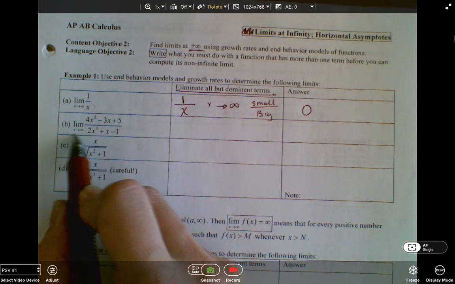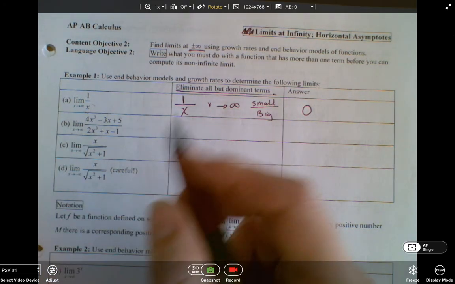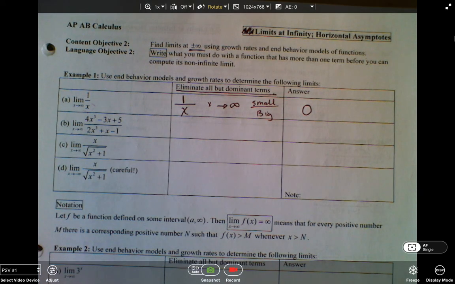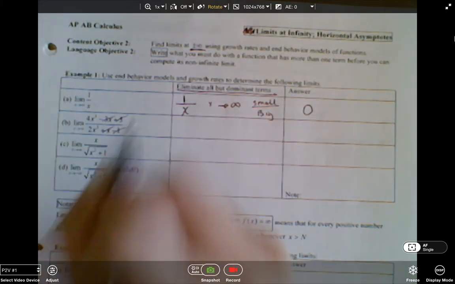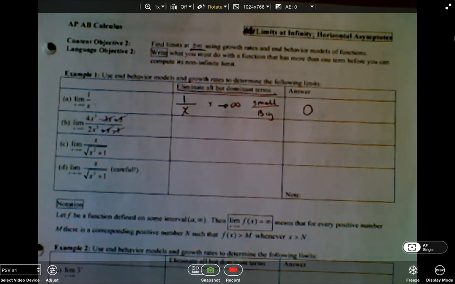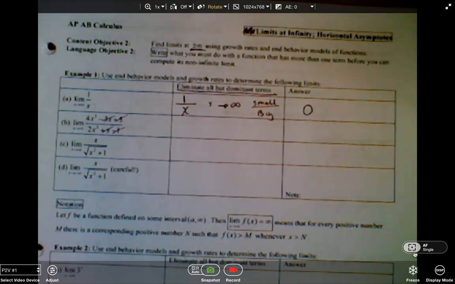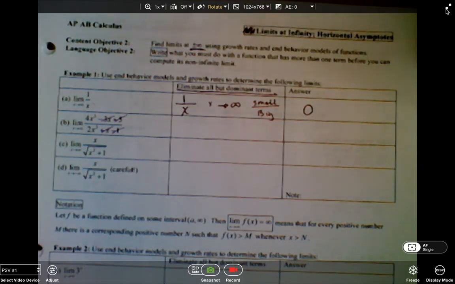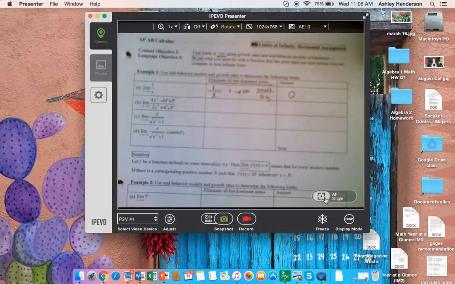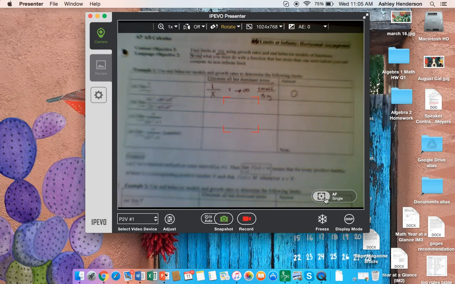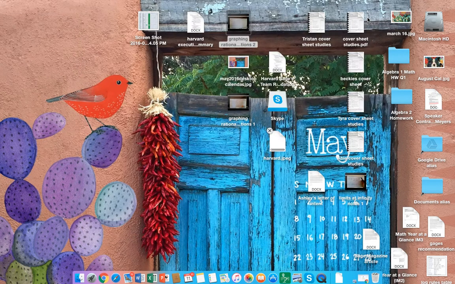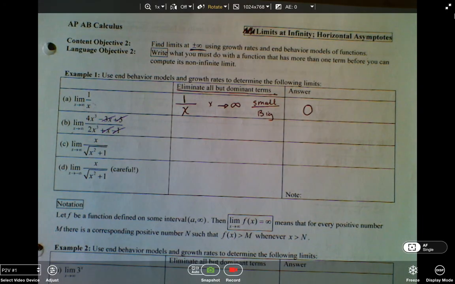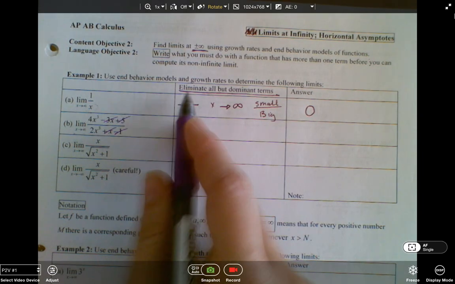Here we're looking at the limit of going to positive infinity, so let's throw out everybody that's not a dominant term. So that would be him, and that one, and that one, and that one. So we would rewrite with our terms eliminated.